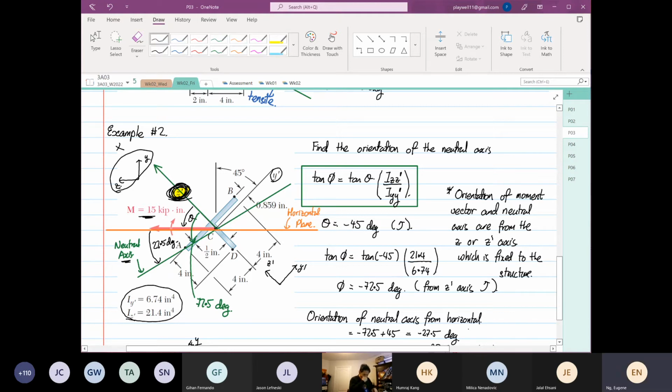So for this problem, the z prime and y prime orientation is at that orientation.